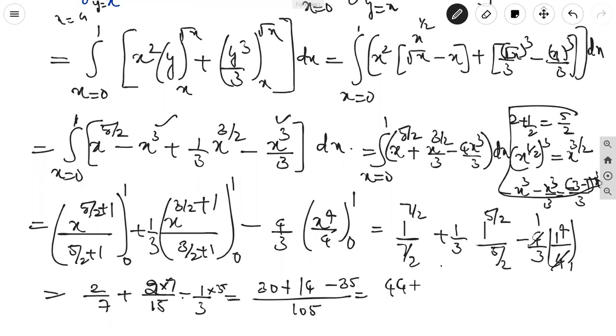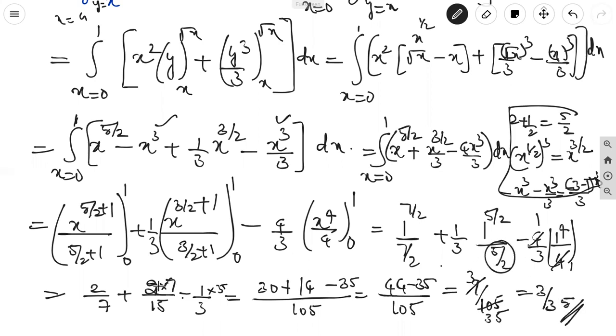So 44 minus 35 by 105, it's 9 by 105. 3 3s are 9, 3 5s are 15, so 3 by 35 is the answer. Here for 5 by 2, I took 7 by 15, but here it is 2 by 15. Taking the LCM after the simplification, 3 by 15.